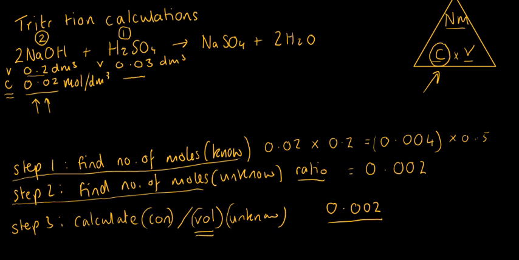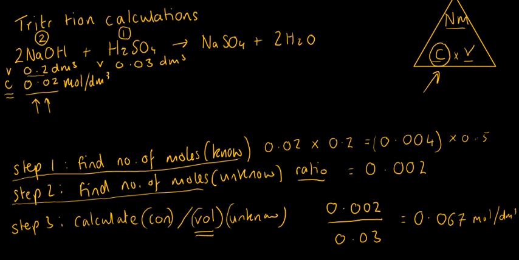So my volume is 0.03, so I'm going to be doing 0.002 divided by 0.03, and that is going to give me an answer of 0.066 recurring, so I can round up to 0.067 moles per dm cubed, and that's going to be my concentration.